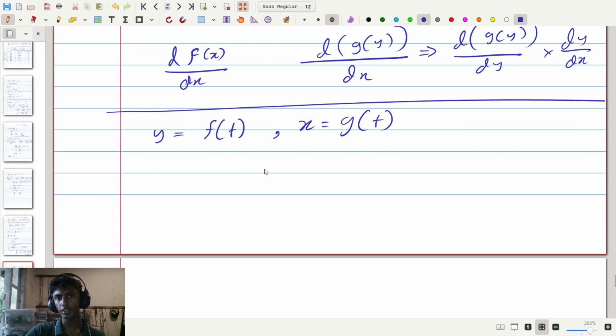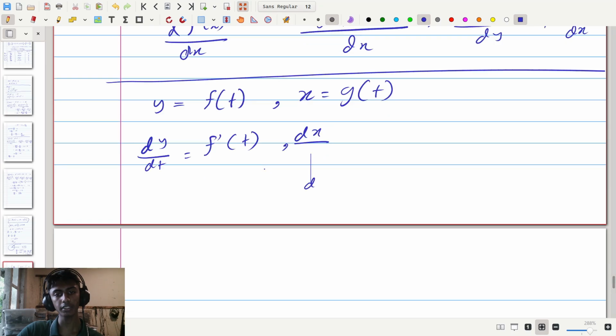And then during this we discussed how to take the derivative dy by dx. What we do first is take dy by dt, as in f prime of t. Then we take dx by dt, where t is our parameter, as in g prime of t.